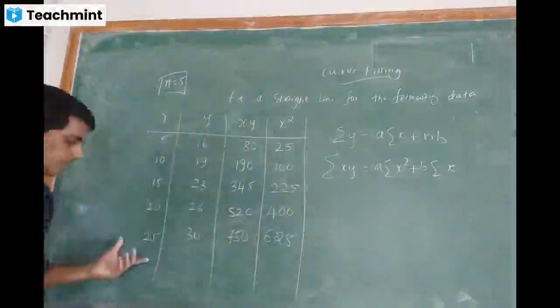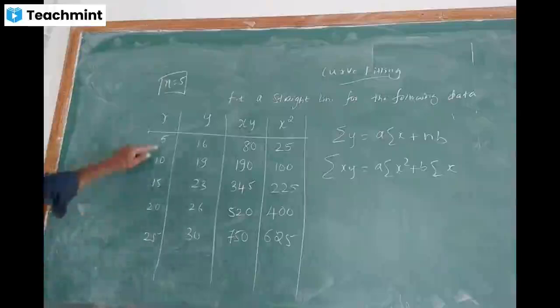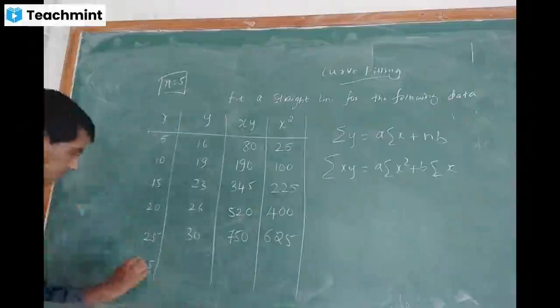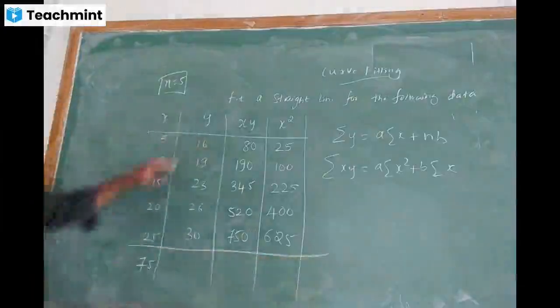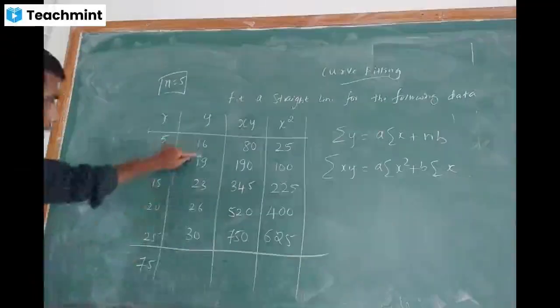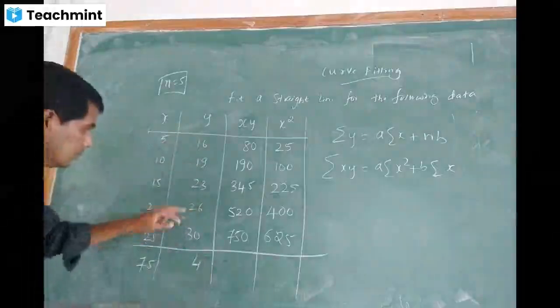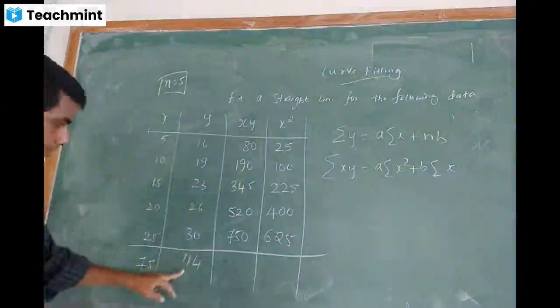What is the summation value? 75. Next, summation y is 114, right? Good.